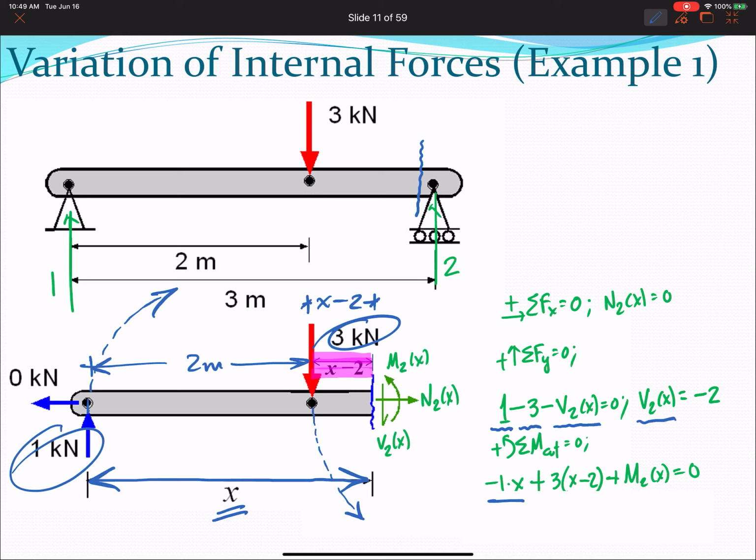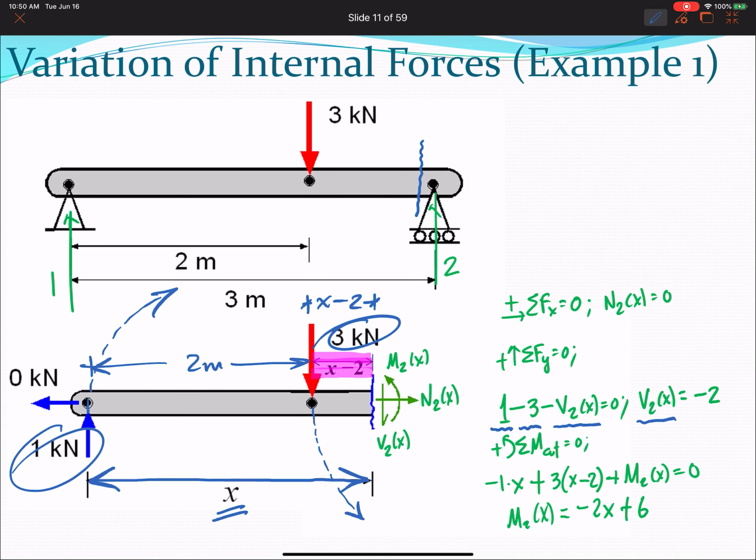And then the distance to the cut is x minus 2, so positive 3 kilonewtons times x minus 2. And then plus the moment at the cut, which is m2 positive in x because it's counterclockwise, is equal to 0. I can solve for the moment, and the moment is minus 2x plus 6, right?